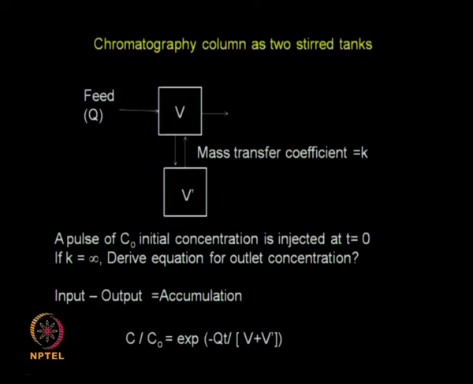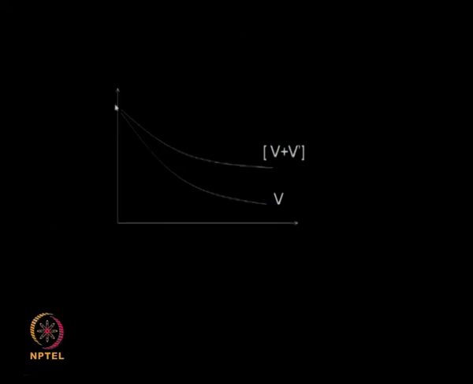If you look at both problems together, in the first case when K equal to 0 the concentration of the solute leaving the tank will be like this, because the second tank is not contributing anything, whereas in the second case, when the mass transfer coefficient is infinity, we are combining both the tanks, so it is like a combined volume of V plus V dash. So the concentration of the solute as a function of time leaving the system will be like this.